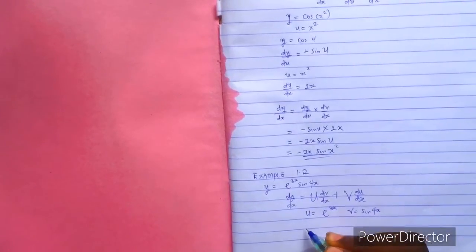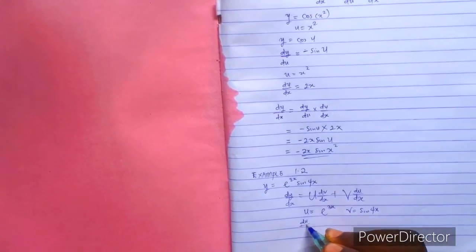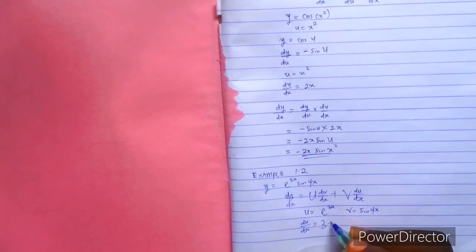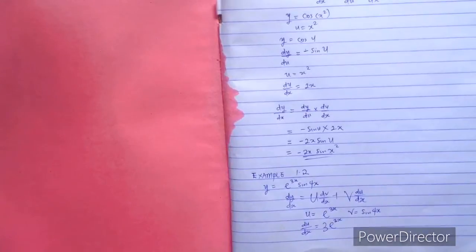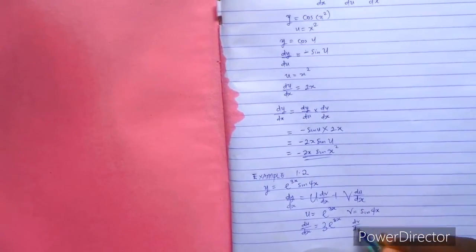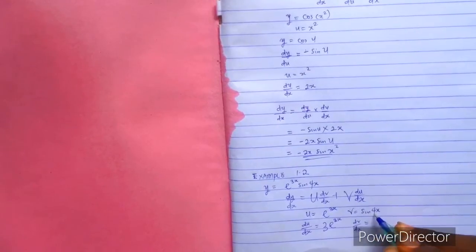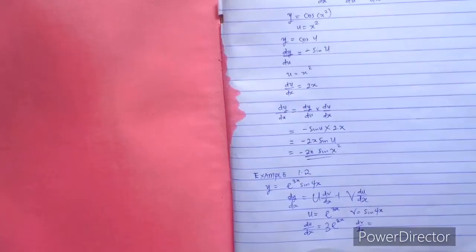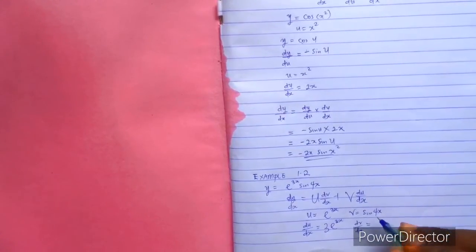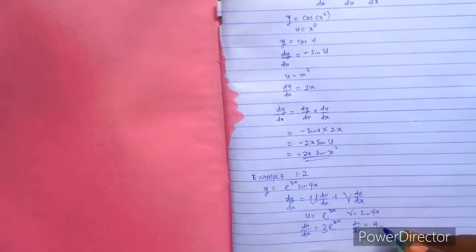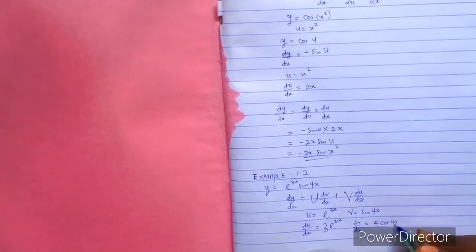When you differentiate your u, that will be du/dx equals 3e to the power 3x. We should have known that. Then for our v, dv/dx: when you differentiate sine 4x, that will be 4 times cos 4x.